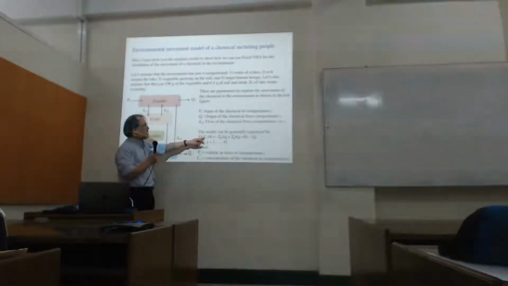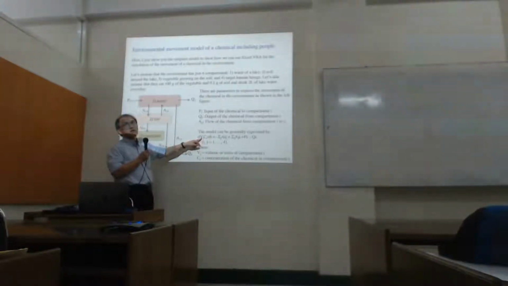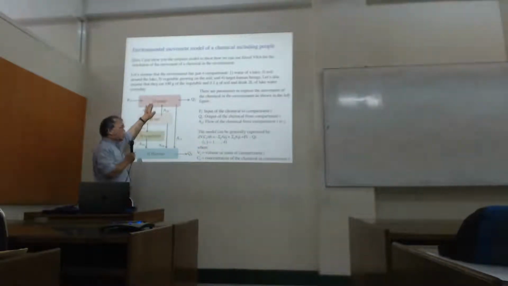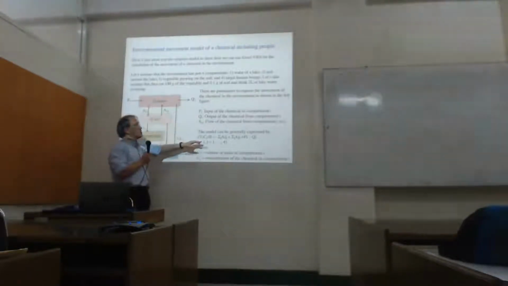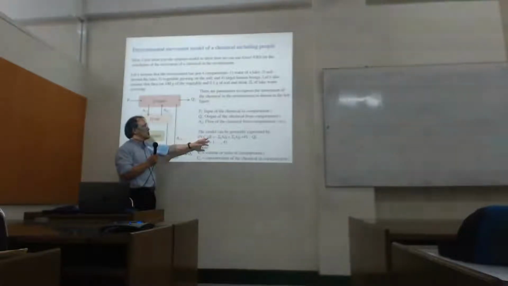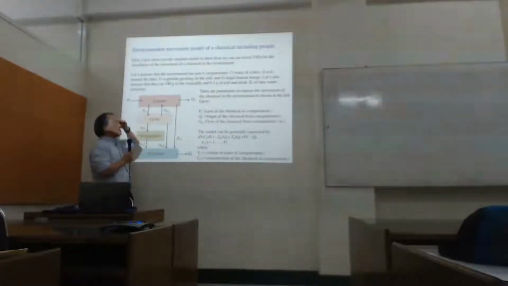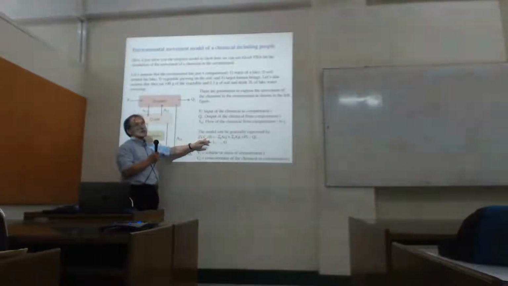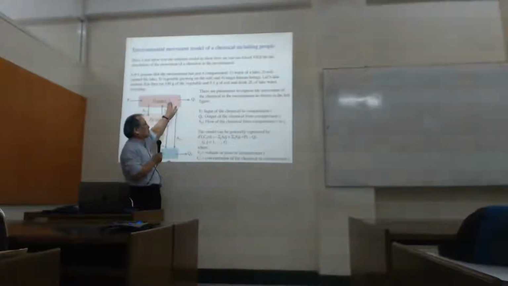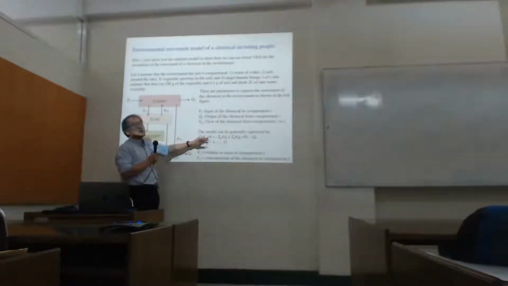So ViCi means the total amount of pollutant in compartment i. For example, if the volume of lake water is 1,000 cubic meters and the concentration of the pollutant is, for example, 1 gram per cubic meter, then the total amount of pollutant in lake water is Vi times Ci.